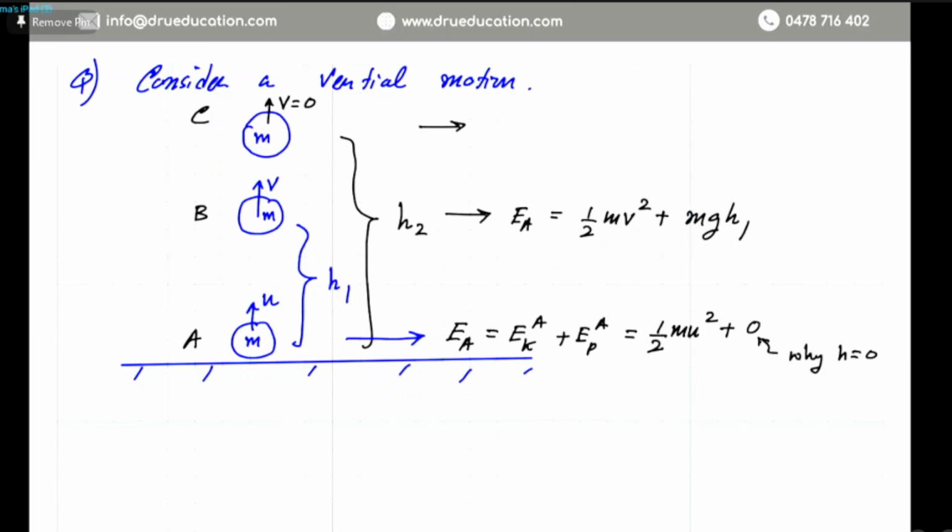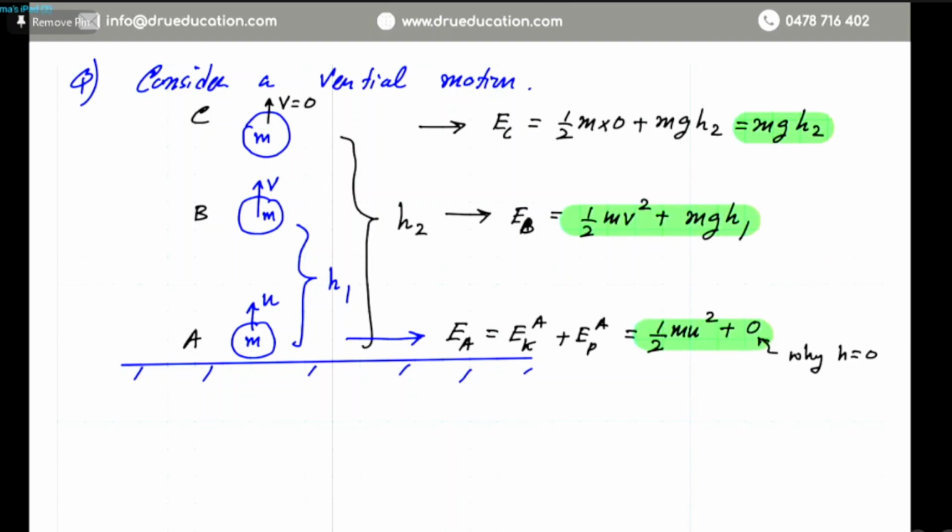EC is equal to half into m, again 0, plus mg h2. So it's going to be mg h2. So now if you look into this, you will see that mg h2, this one and this one.